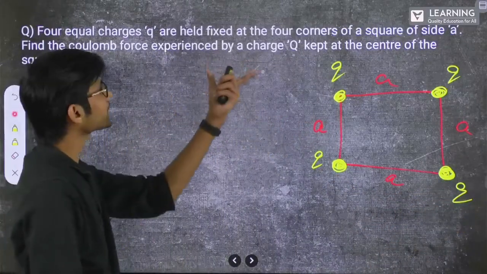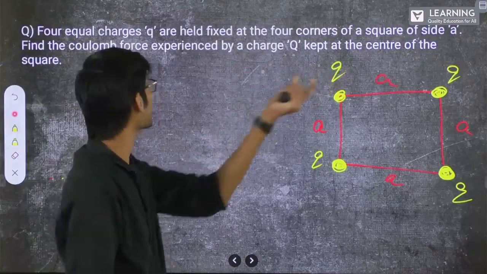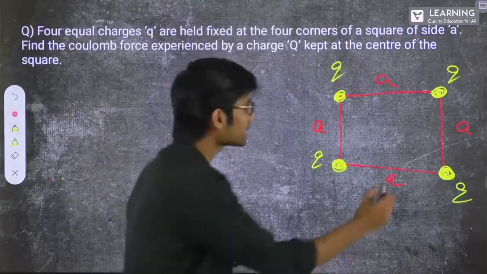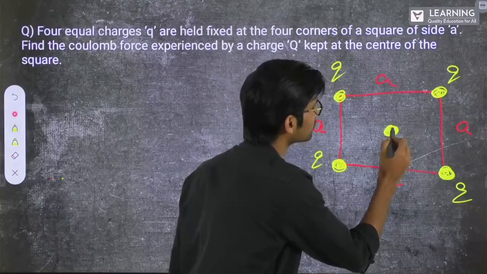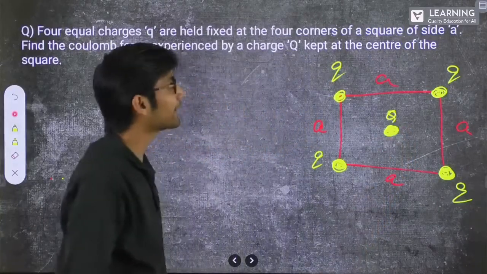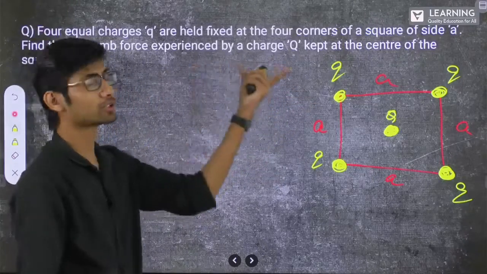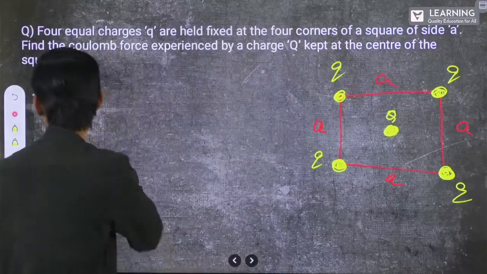Find the Coulomb force experienced by a charge Q kept at the center of the square. So at the center of the square, there is another charge Q. We have to find the net force, the total force experienced by this charge.